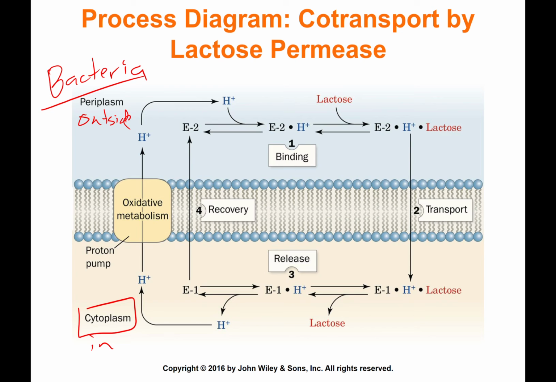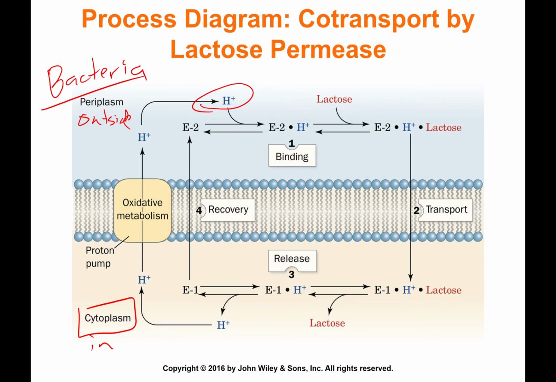But along with this, let me back up. Lactose is being pumped against this chemical gradient, so we have to either burn ATP to do this or use another chemical gradient to facilitate the process. In this case, we use the proton gradient that's created by bacteria.